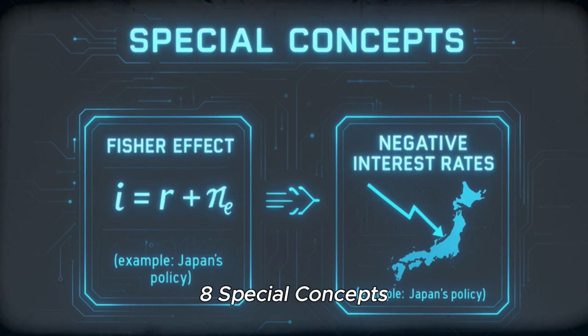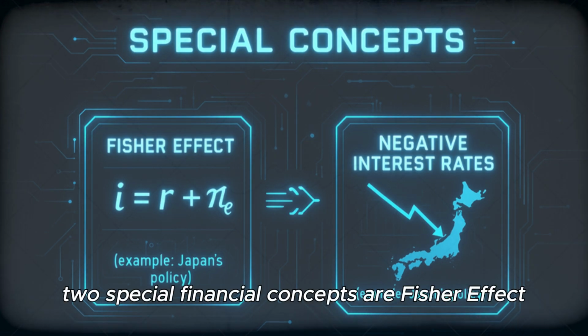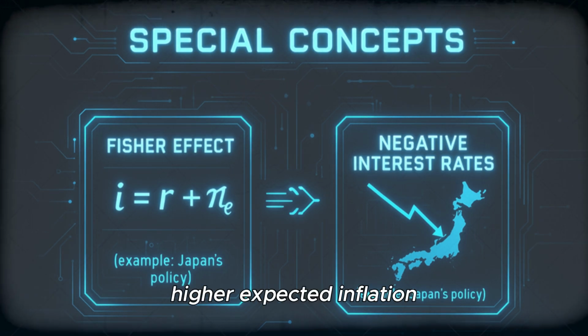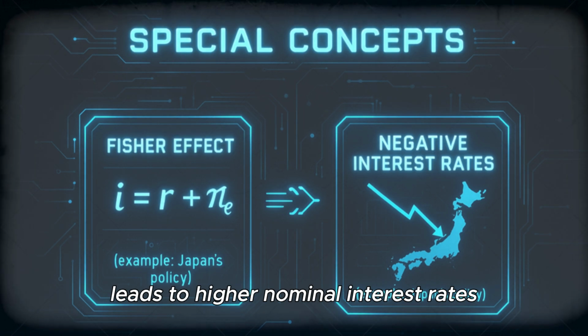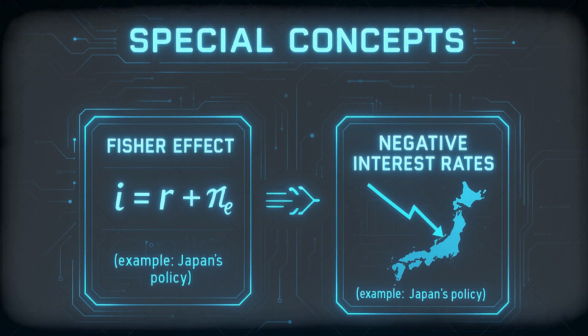8. Special concepts: Fisher effect and negative interest rates. Two special financial concepts are the Fisher effect: expected inflation directly impacts interest rates. Higher expected inflation leads to higher nominal interest rates to protect investors from inflation risk.